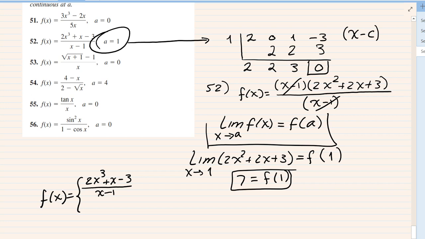Because division by 0 occurs when x is 1. So we're going to say x cannot be 1. Now we can actually make it continuous at that point. If you define the function at x equals 1 to be 7, it will fill in that hole in the graph of the function at that point.